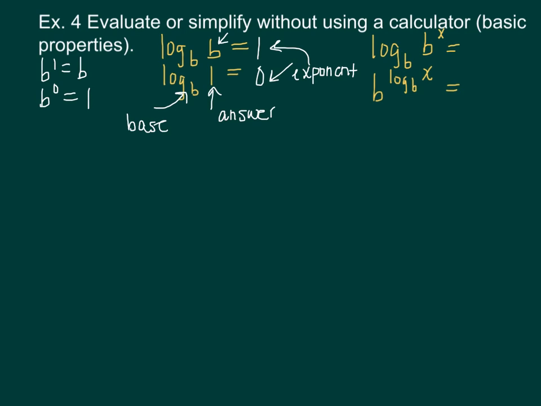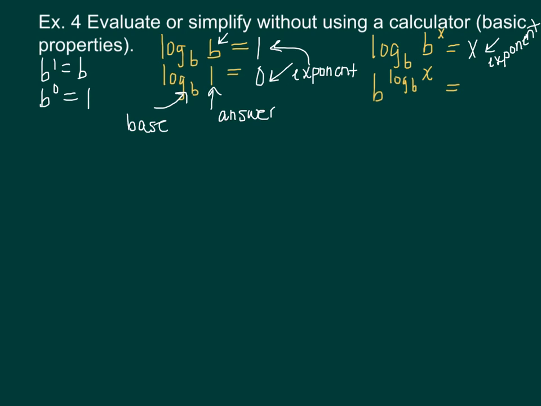And then the other two properties, the third one is when you have the log base b of b to the x, the same base, the answer is always the exponent, which in this case is x. So whatever your exponent is, that's the answer. So you don't have to solve these and try to work them out.